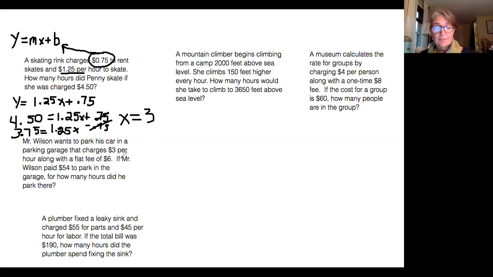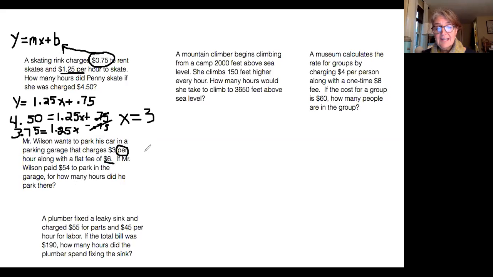Okay, let's look at the next problem. Mr. Wilson wants to park his car in a parking garage that charges $3 per hour. There's our per. This is going to tell us that this is our m value, our slope, along with a flat fee of $6 just to get into the garage. If Mr. Wilson paid $54 to park in the garage, how many hours did he park there?